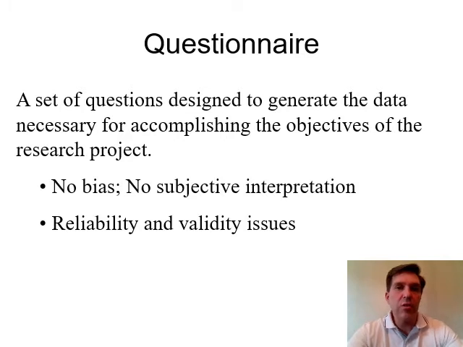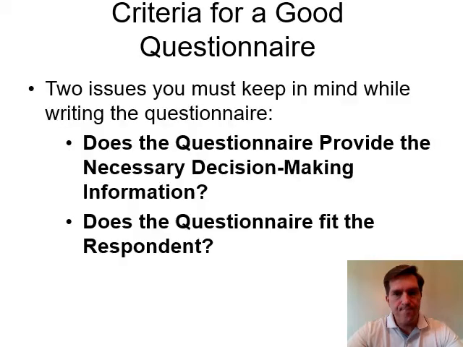Otherwise, it's akin to using a measuring tape to measure weight, which is not what we want, right? So the questions need to be reliable, meaning replicable over and over again, and they need to be valid, meaning that they are the right questions, essentially. We'll get to that a little bit more in detail in the next presentation when I break down exactly what kind of questions you should have.